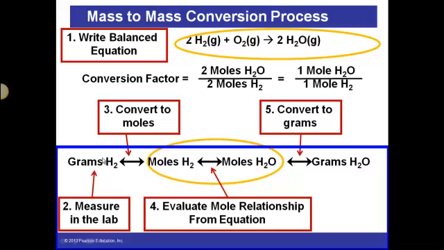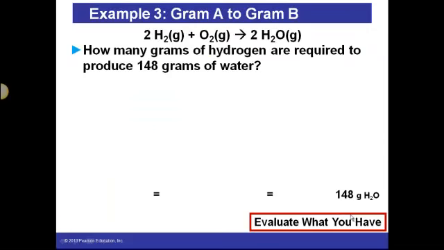We go from grams to moles, and back into grams. So in this case, we have 148 grams of water. So that's evaluating what we have. We need to find how many grams of hydrogen gas we need to add to our equation to get this many grams of water.